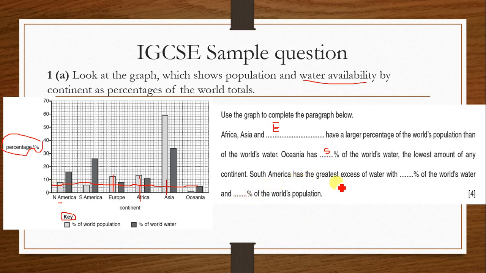Now, South America has the greatest excess of water with how many percent? If you come down to South America, they have the greatest excess of water with dash percentage of the world's water and dash percentage of the world population. So South America, where is it? World's water, what value is this?